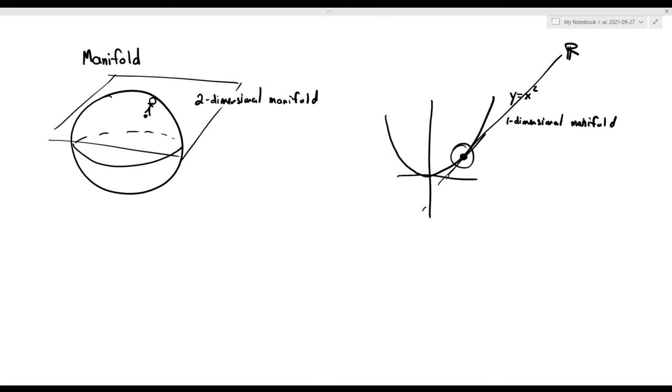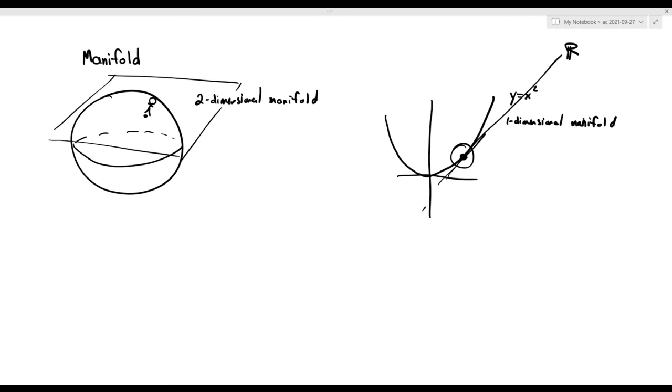So if at each point you can draw a two-dimensional tangent plane, then locally this sphere is just two-dimensional, if you will. The idea is that you know how to do lots of calculus stuff on R2. So working on the sphere at that point should somehow correspond to working in R2.